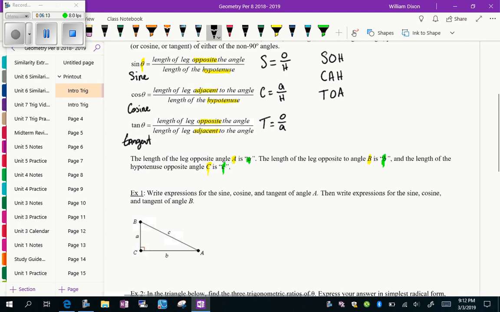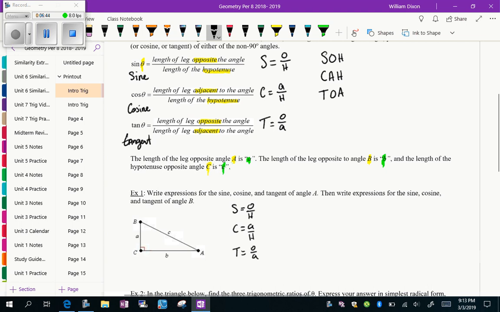My first strategy is that I am going to write down sine equals opposite over hypotenuse, cosine equals adjacent over hypotenuse, and tangent equals opposite over adjacent. I really suggest you do this on your paper until you get these trig ratios memorized. Very important.